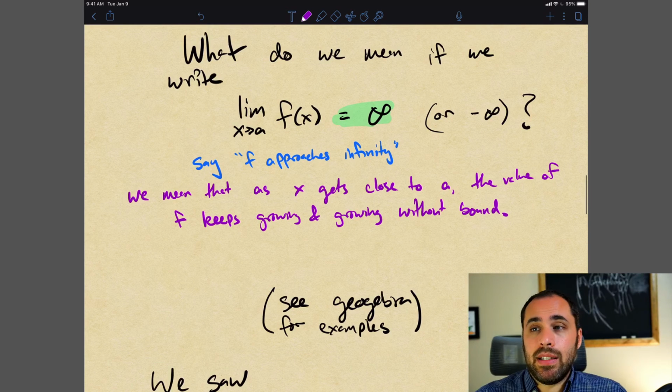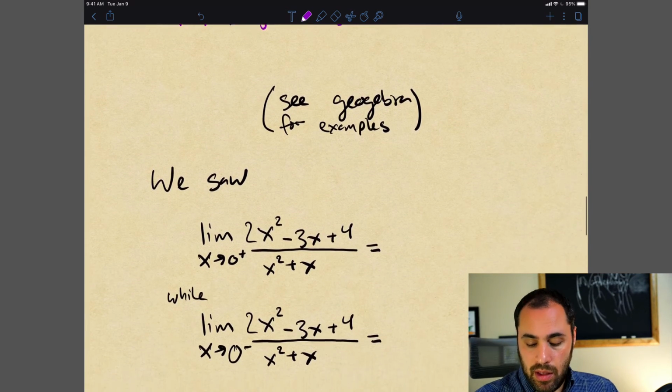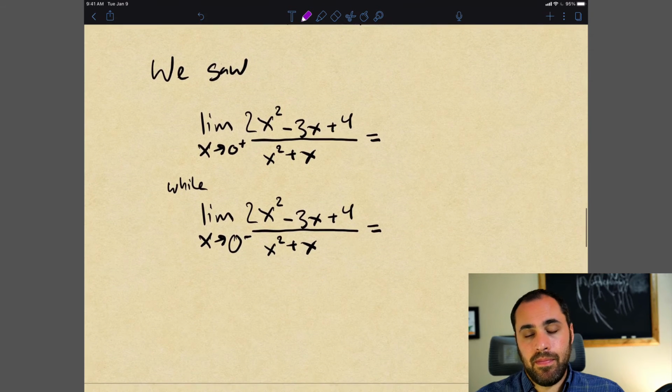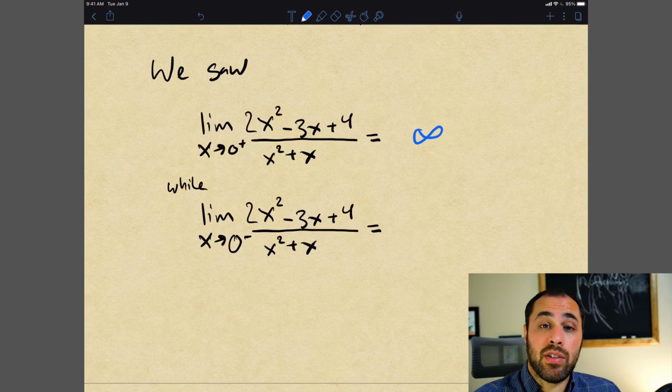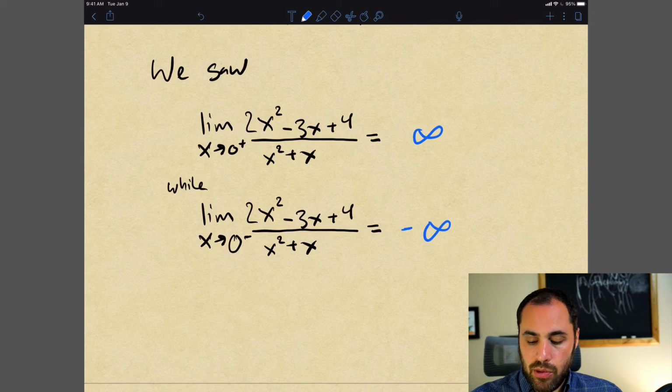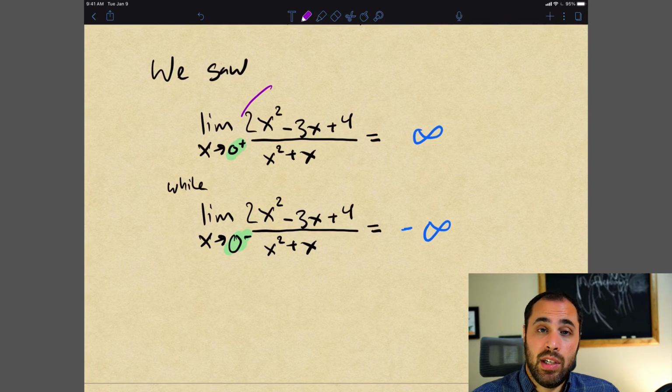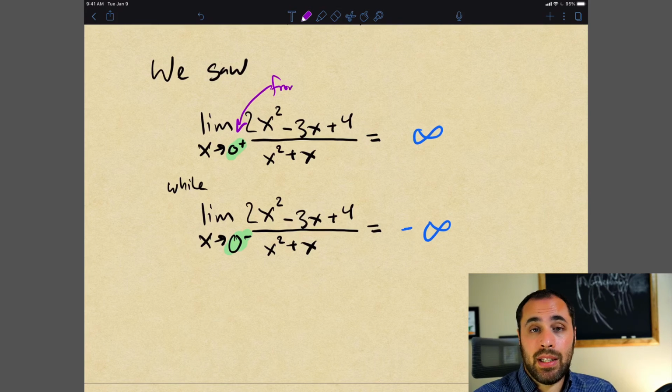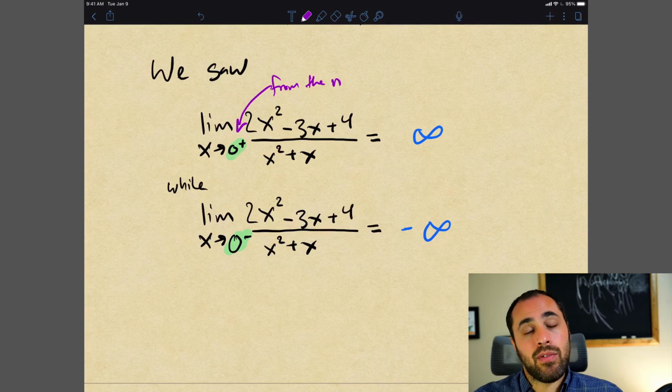In one of these examples, we saw the limit of this function, and that at the point x equals 0, there were 2 things going on. From the right, we saw that f was going up to positive infinity, whereas from the left, f was going down to negative infinity.